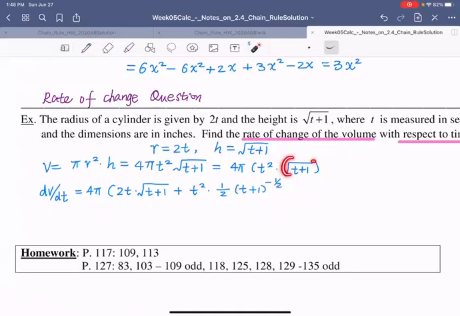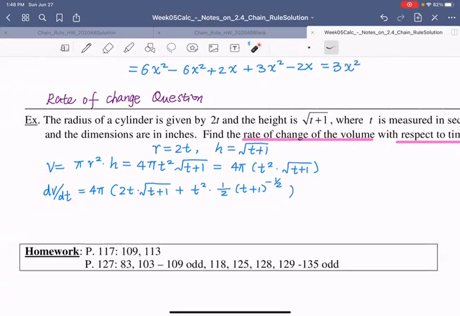It is because when you do the power rule, you put 1/2 and then this to the power of 1/2 minus 1, which is negative 1/2. And the derivative of t plus 1 is 1, so you don't need to write down 1 here. If I have a 2 here, then you need to multiply by 2. Here it is 1t, so you just multiply by 1. You can ignore it. That's it. That's the rate of change of the volume with respect to time. Even though this is so long, it is just asking you for V prime.